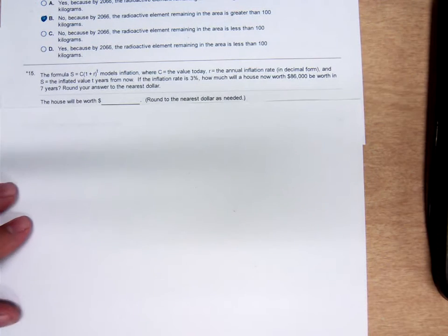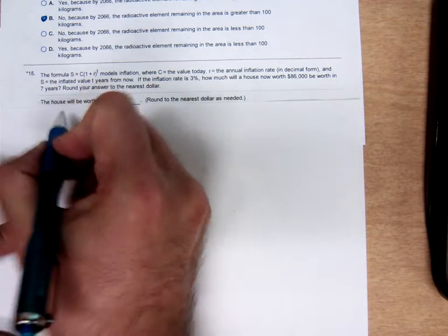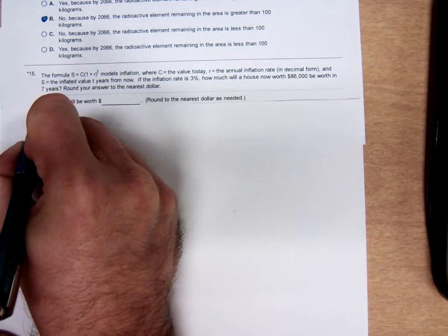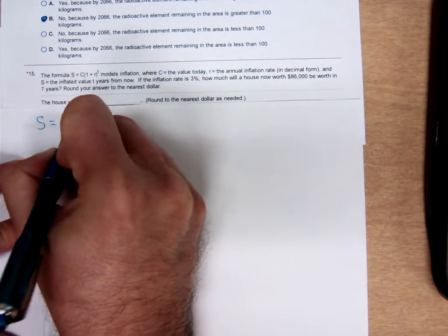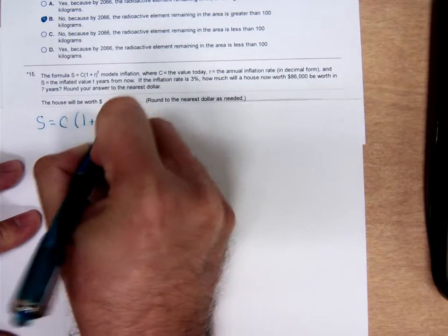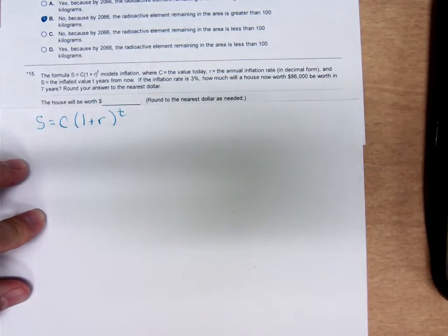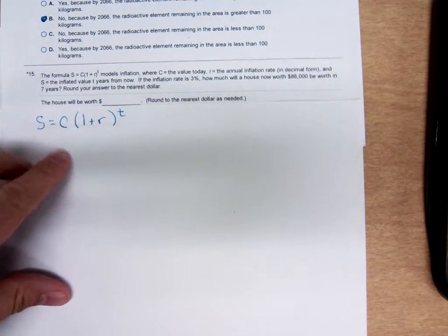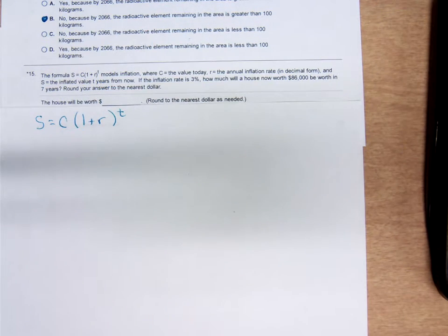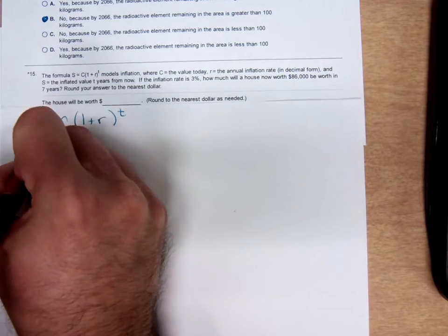Okay, so number 15, an inflation model. The formula S equals C times 1 plus R to the T models inflation, where C is the value today.